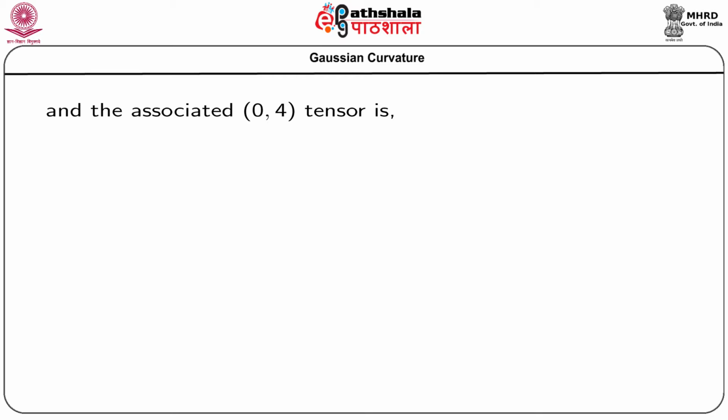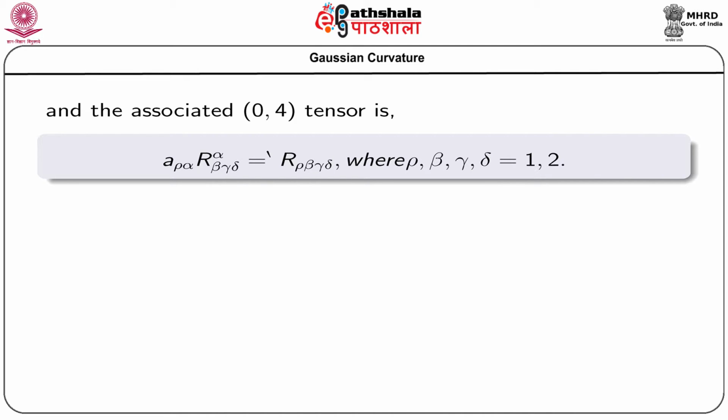Now, from this R alpha beta gamma delta, which is a tensor of type 1 3, we can get the associated tensor of type 0 4 by the inner product with A rho alpha.